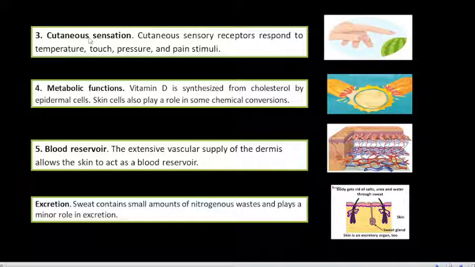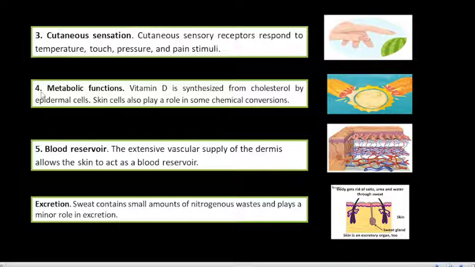So, those are the three types of sensations. You have the thermal, the tactile, and the pain sensations. And all of those sensations are coming from the cutaneous level or on the cutaneous sensory receptors present on our skin.